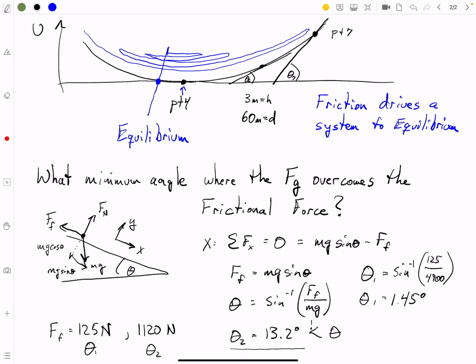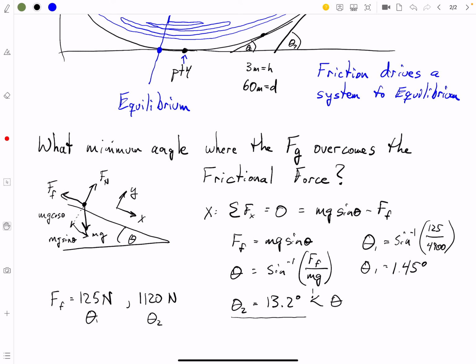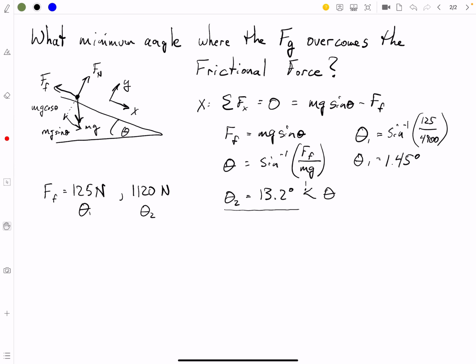Here's the point. Let's draw the thing again. Here's our point. There's the bottom.